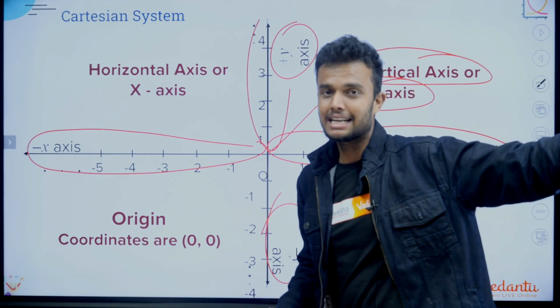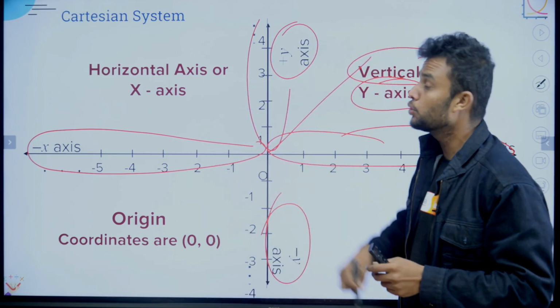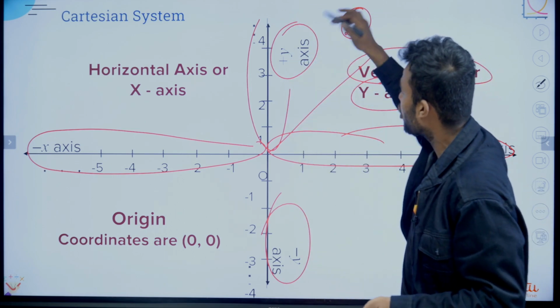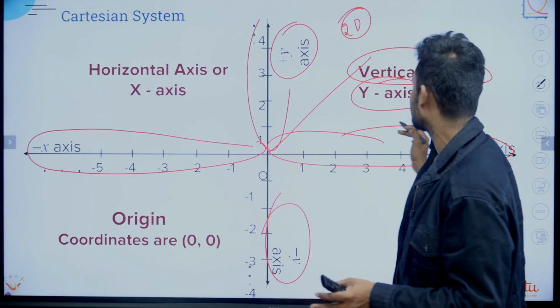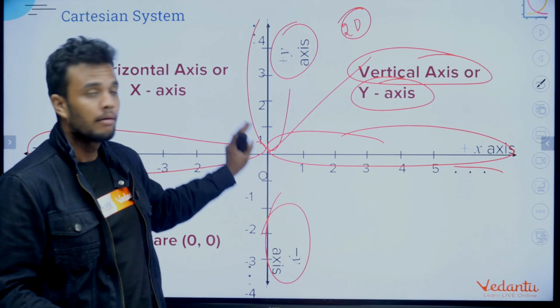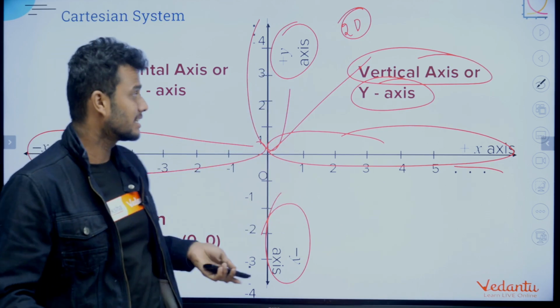Just leave that z-axis. In your syllabus only the 2D Cartesian system is there, only 2-dimensional. The vertical axis is nothing but the y-axis, the horizontal axis is nothing but the x-axis.